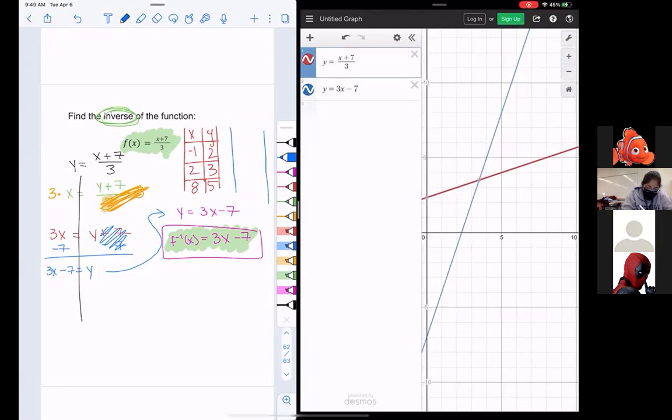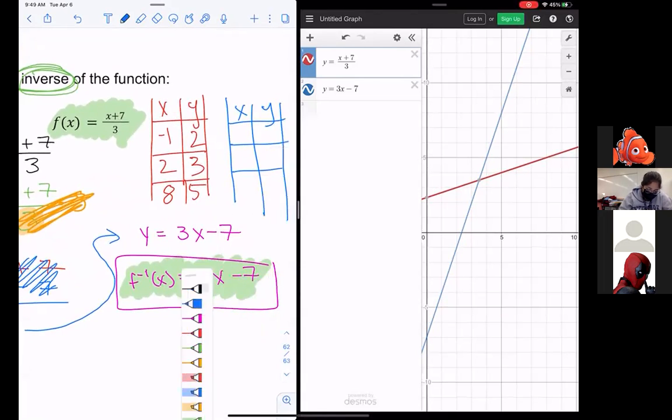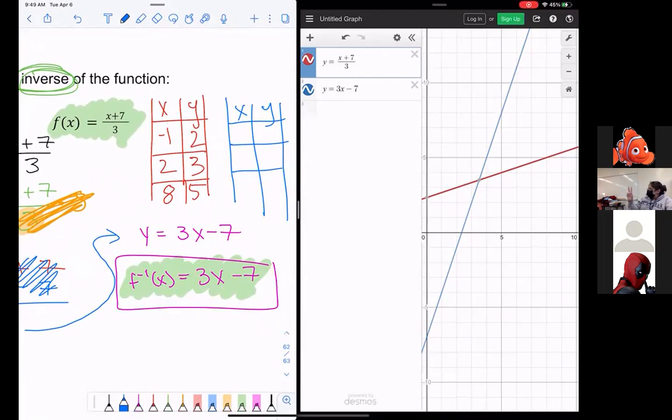Correct? So Jordan, what's my first new point? If I just flip this one, what is it? Remember when we did the tables a while back and we just flipped the points?